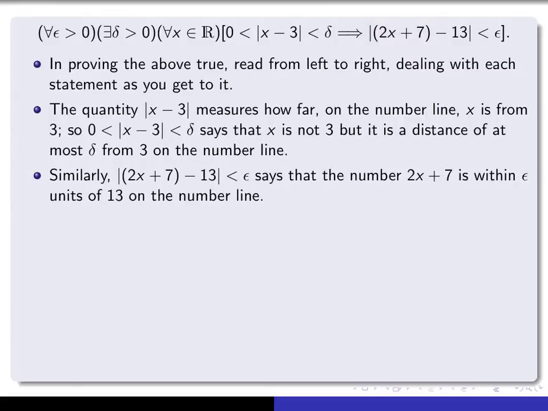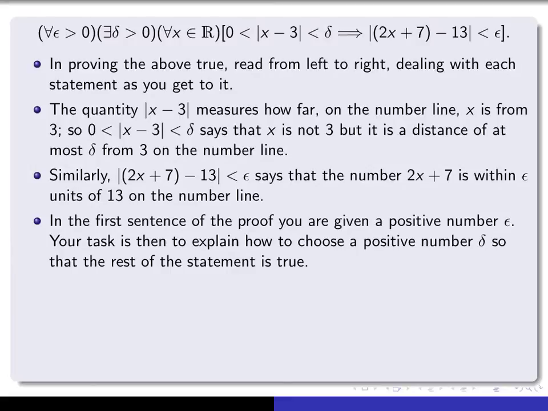So no matter how small that tolerance is, you're able to find a delta so that if x is within delta units of 3, then this happens. In other words, by choosing x sufficiently close to 3, you can force 2x plus 7 to be within epsilon of 13. So that's the idea of what's being expressed here.